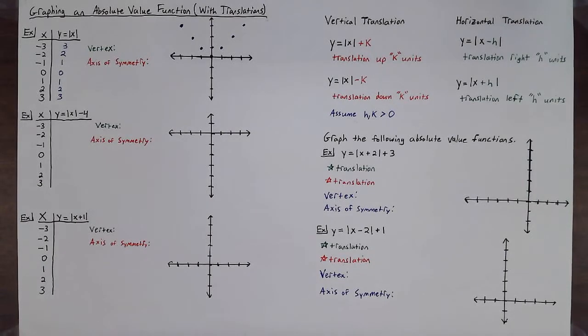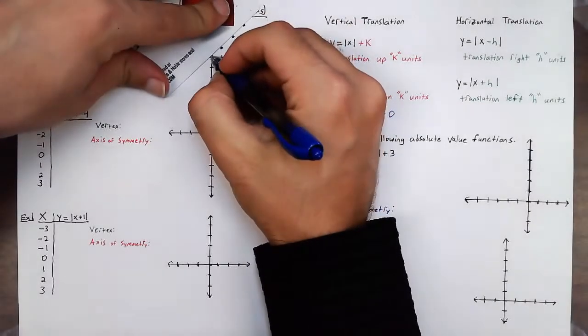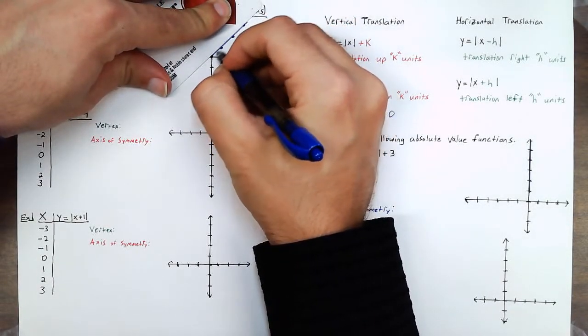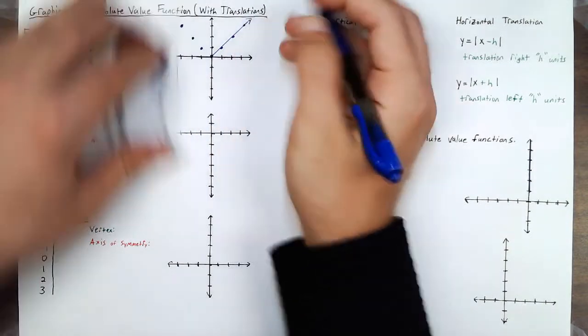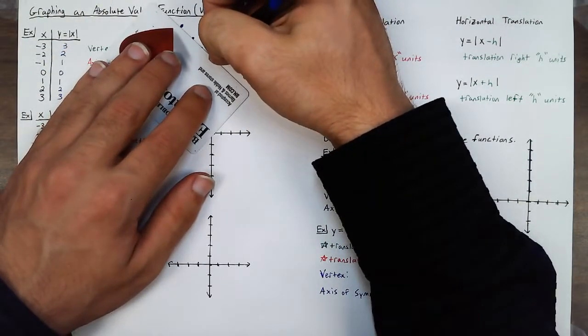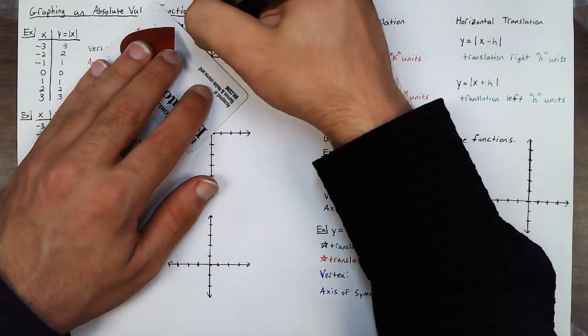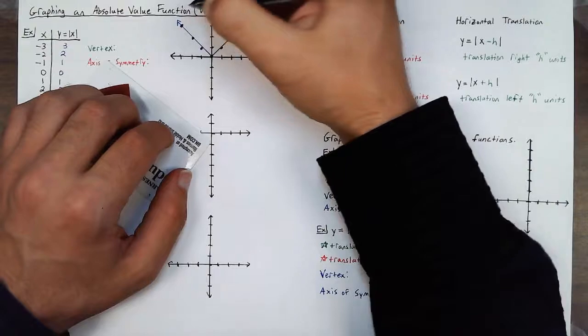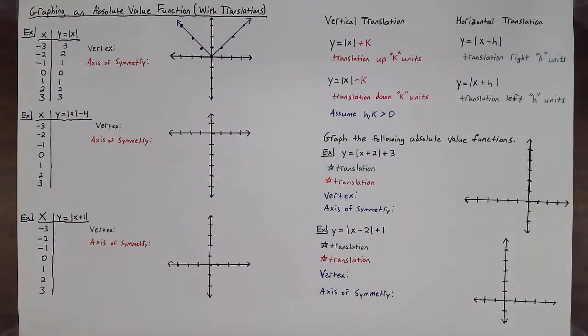I'm going to take my straight edge and connect the dots. And it creates an absolute value linear function.